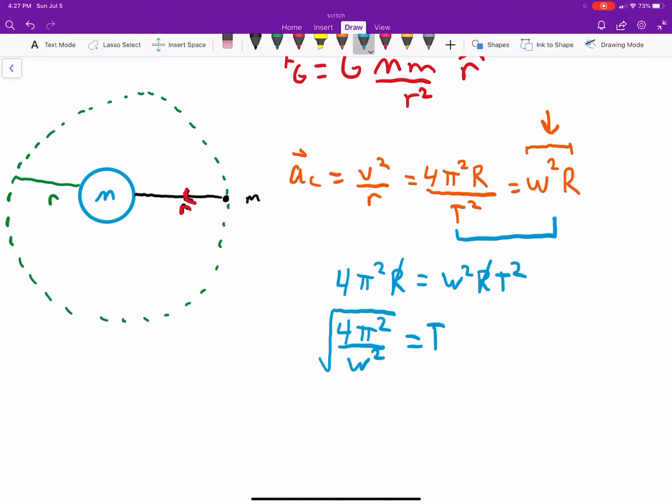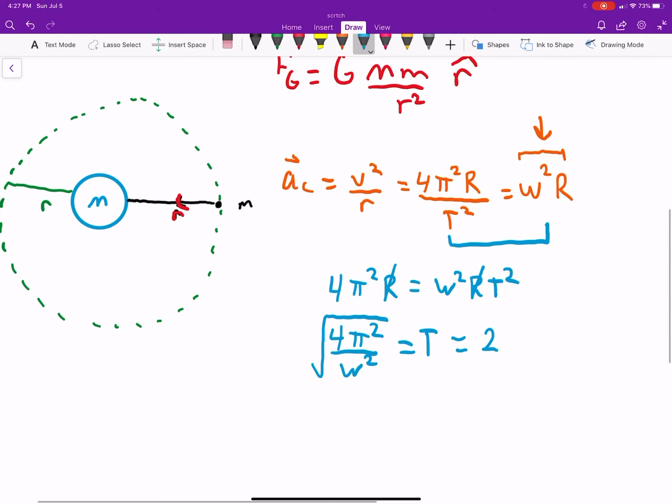Which you can also think of as, the square root of 4 is 2, the square root of pi squared is pi, the square root of omega squared is omega. Either one.